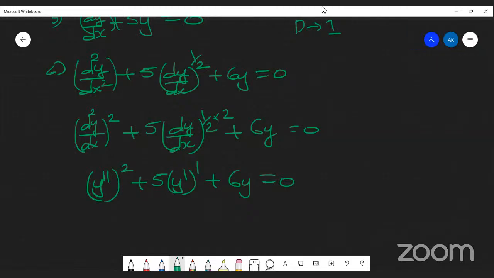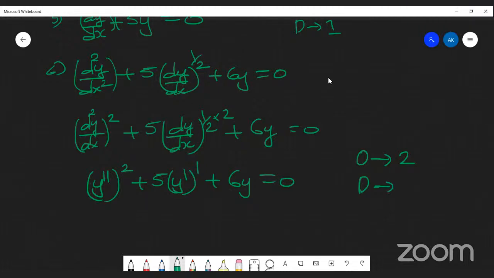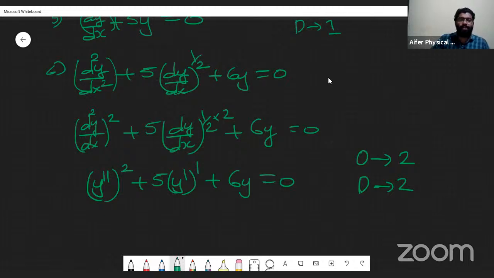So you can see here the order of the differential equation is 2 and the degree of the differential equation, of course, the highest order derivative has the power 2. So degree is 2 in this case. Okay. So you should not answer from here because it contains some radical. Okay.